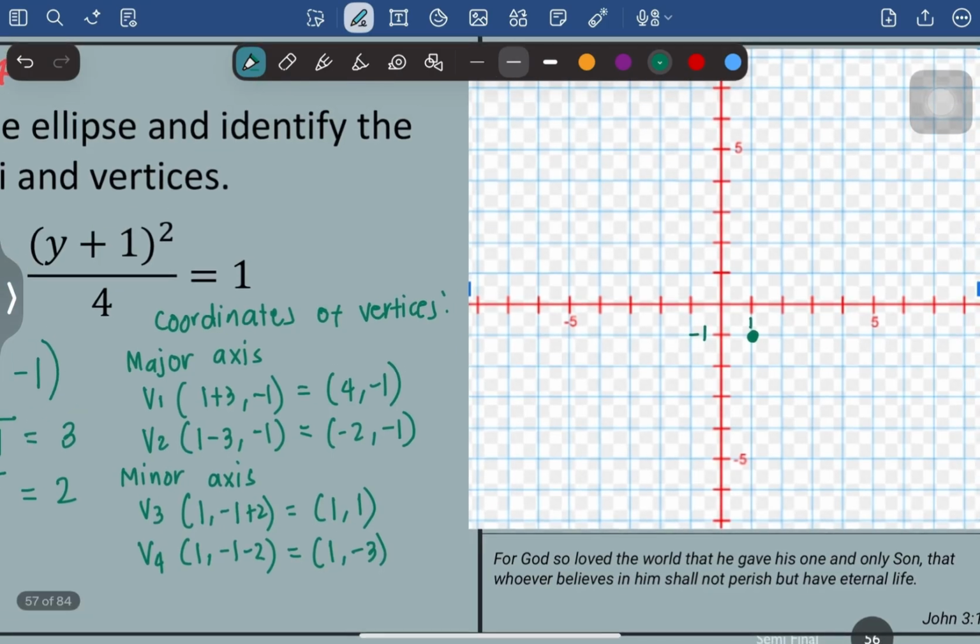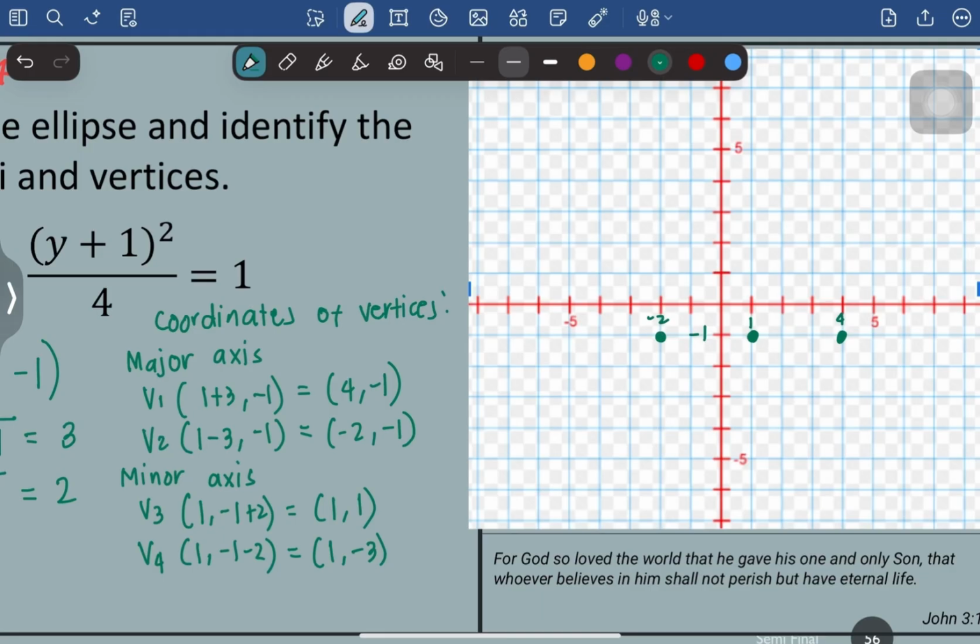V sub 1 is at 4, -1. This is 4, so it is located here. Then v sub 2 is at negative 2, negative 1, so it plots here.